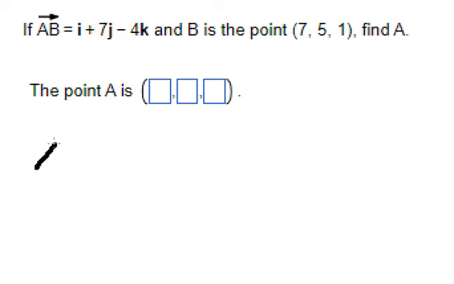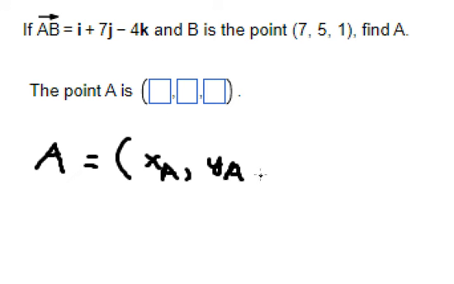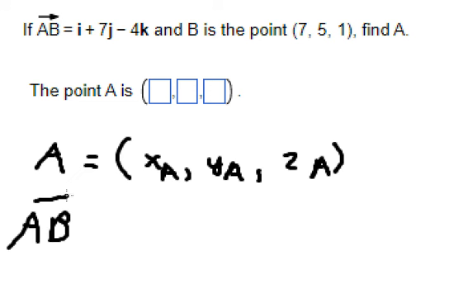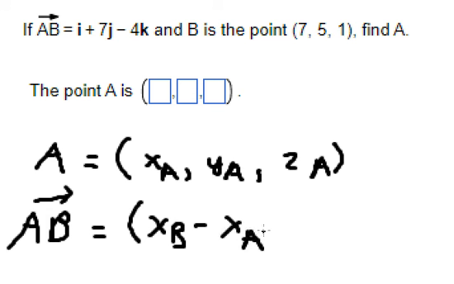I will put point A, that is xA, yA and zA. Now we have vector AB, that should be vector xB minus xA, and we have i in here.